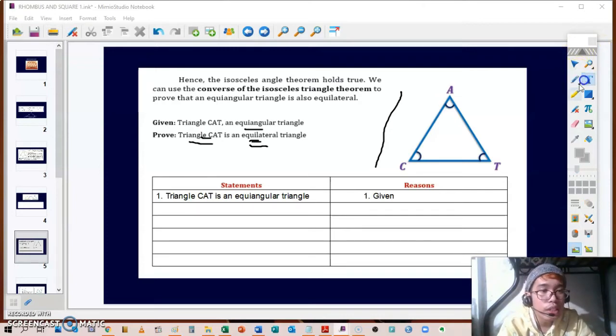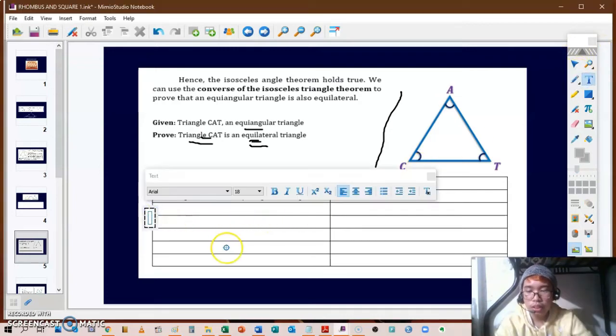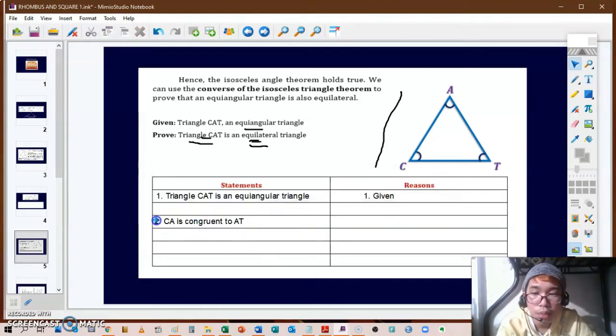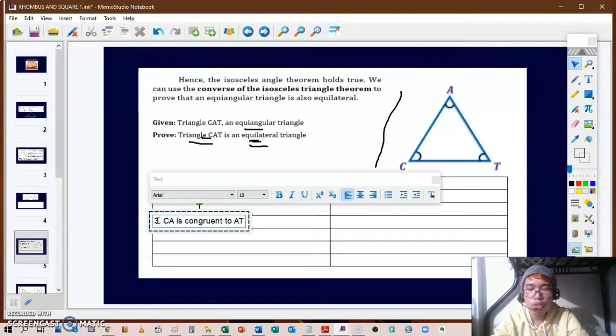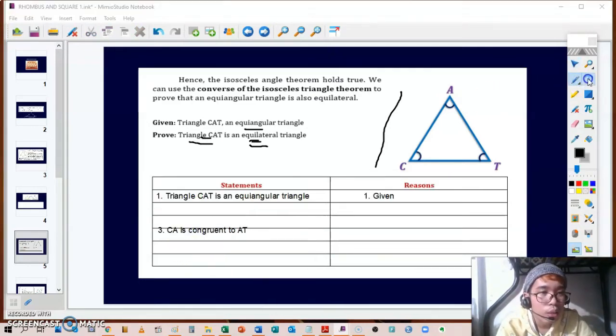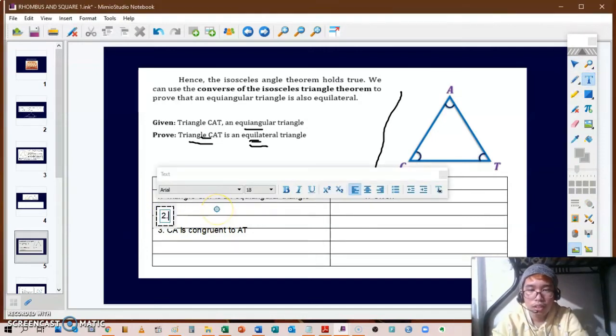So we can state here at number 2 that CA is congruent to AT. But first, we have to write first that angles C and T are congruent.